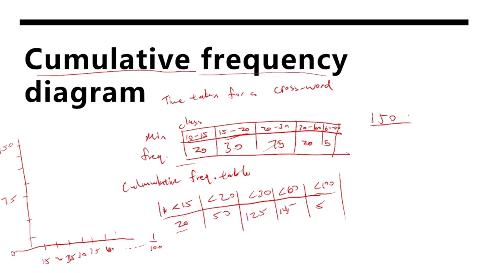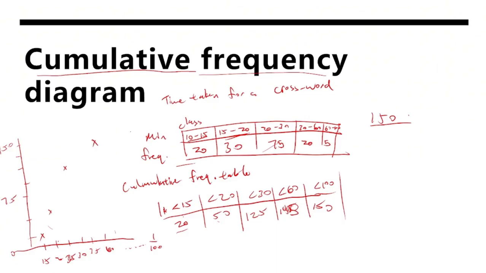So when it's smaller than 20, it's 50. So I have 20 here, mark it 50. Smaller than 30 is 125, so 30, 125. It'll be here. Smaller than 15 is 20. Don't forget that. Smaller than 60 is 145.